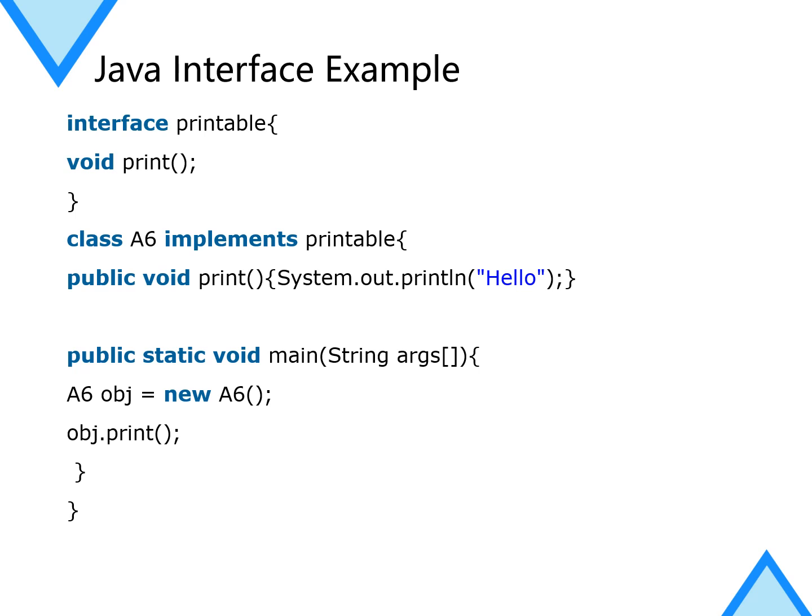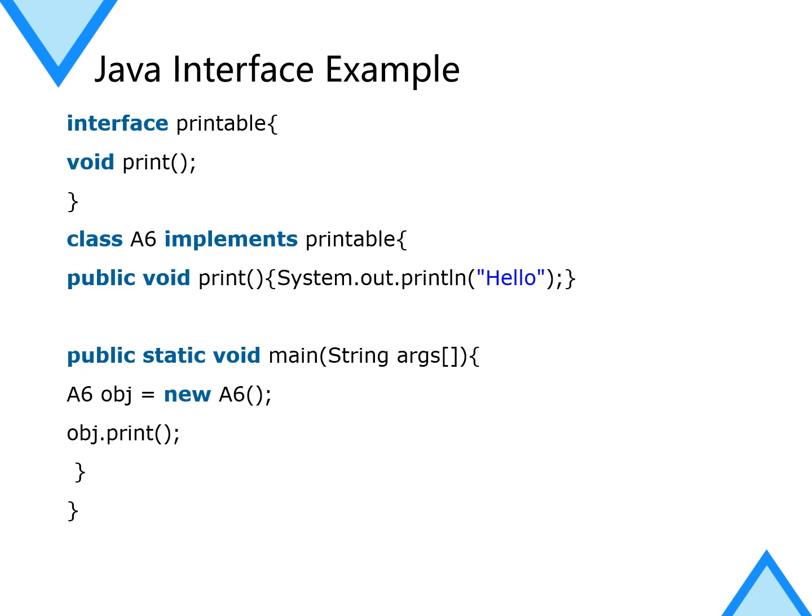Let's see some examples of the interface. For example, we have the interface Printable. It is declared with the keyword interface, and this interface has the method print.